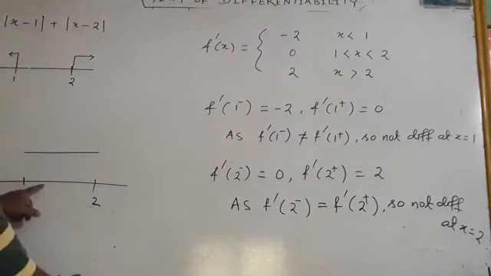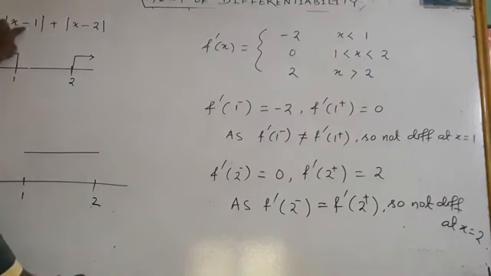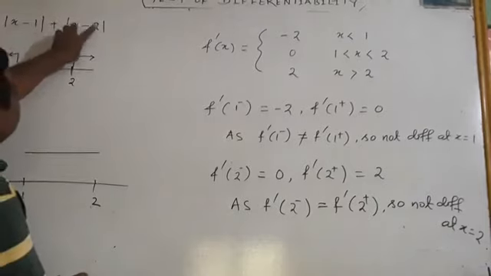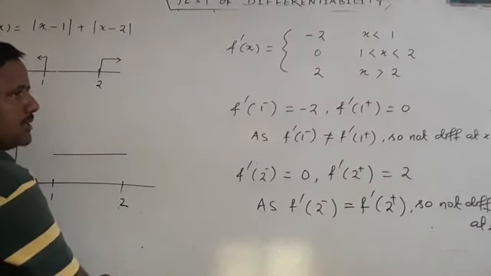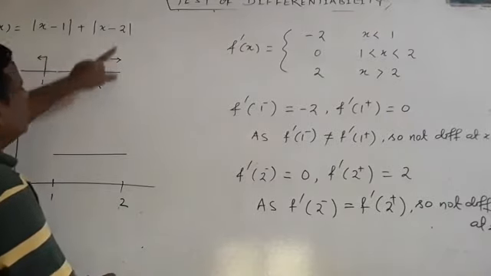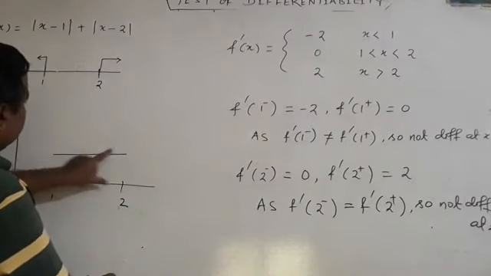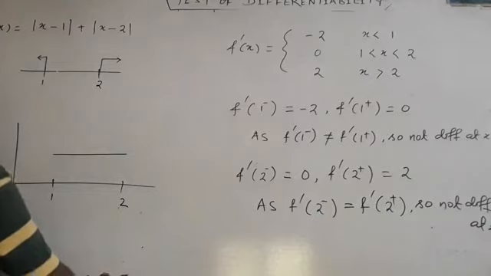Suppose you are putting 1.3. 1.3 minus 1 is 0.3, and 1.3 minus 2 is minus 0.7, whose modulus is 0.7. So 0.3 plus 0.7 is 1. In each place from 1 to 2, it gives you the value 1.